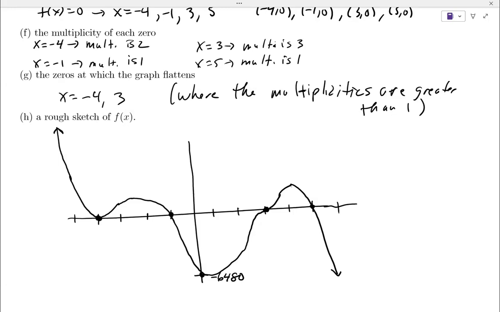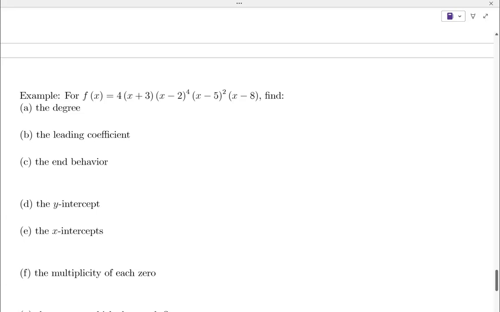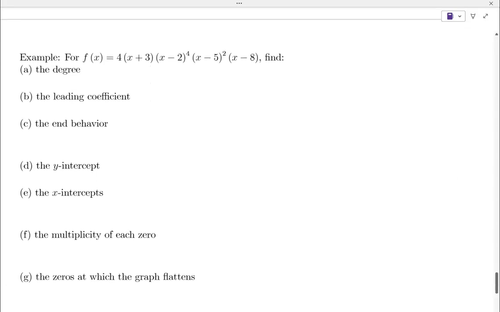All right, let's do the next one. Same concept. What do we look at for the degrees? The powers, right?